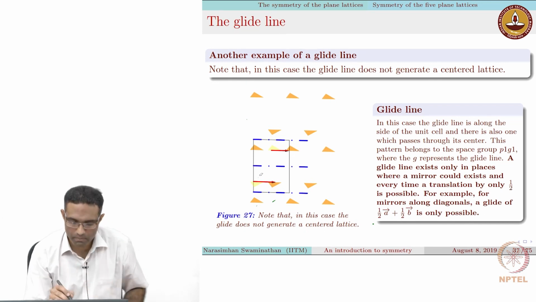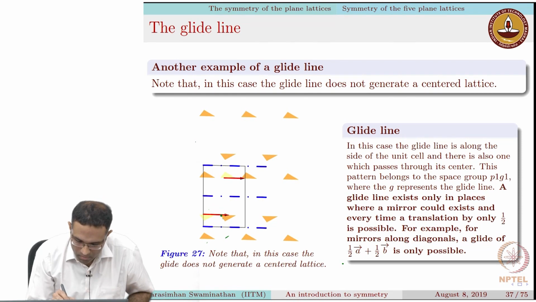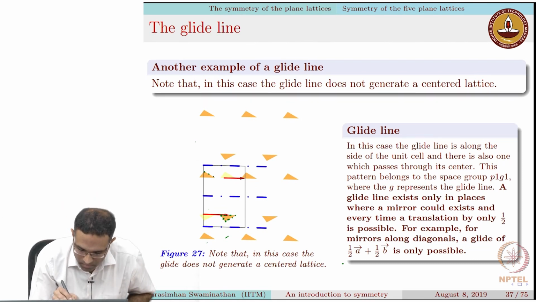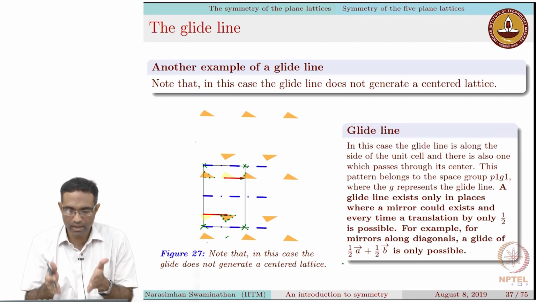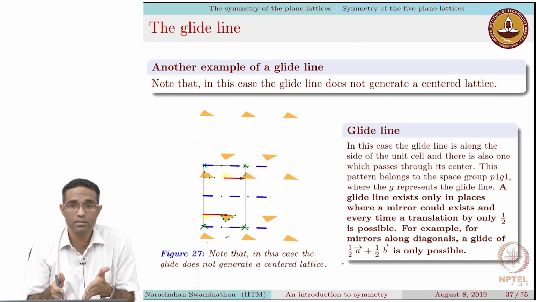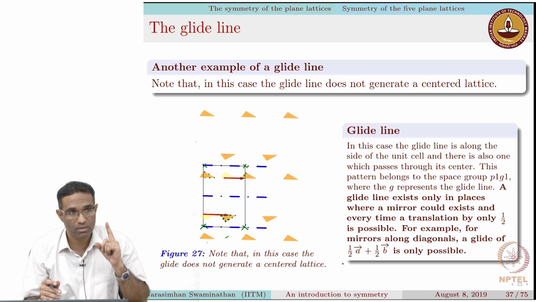So assume that this is a molecule with many atoms in it. These atoms are all placed about these lattice points in this manner. Okay, the number of lattice points that are there inside this is one lattice point.